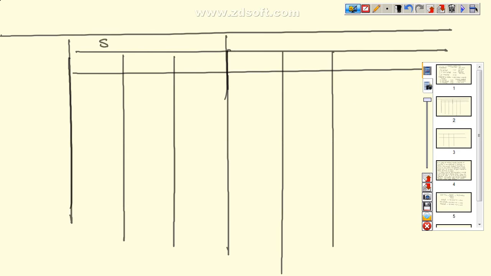So we prepare a table. Here we write standard, here we write actual. Time, which is also known as hours, rate, amount, and here also time, rate, amount.